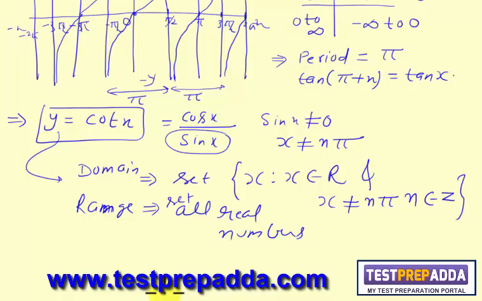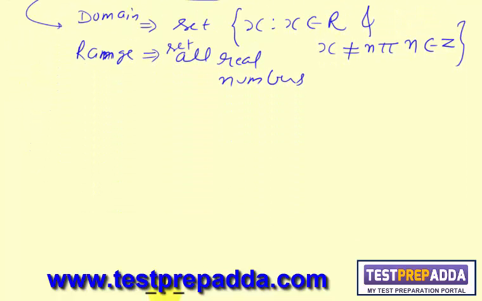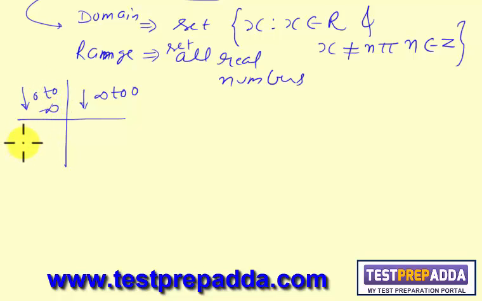Now I'll talk about the graph. Here, please note that cot x in the first quadrant decreases from infinity to 0. In the second quadrant, it decreases from 0 to minus infinity.